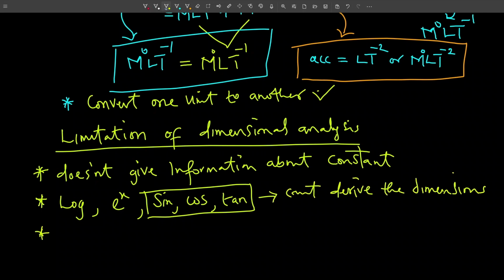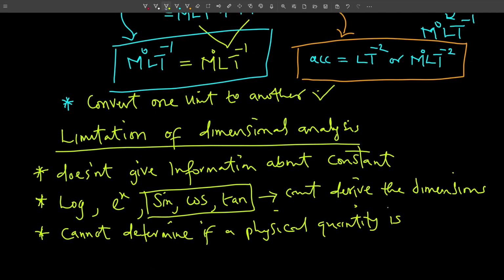And lastly, with dimensional analysis, we cannot determine if a physical quantity is scalar or vector. So these are the limitations of dimensional analysis. When we start solving questions now, I think everything will start to get clear.